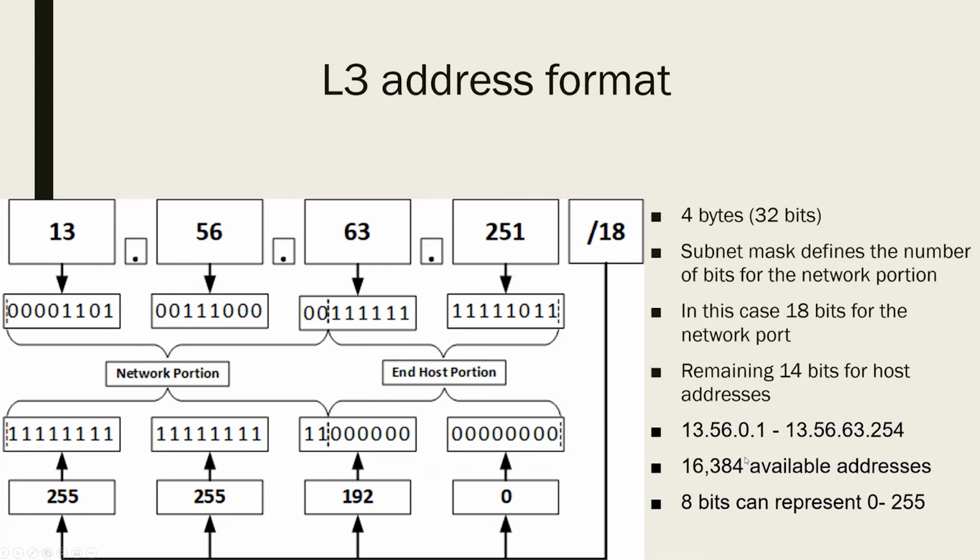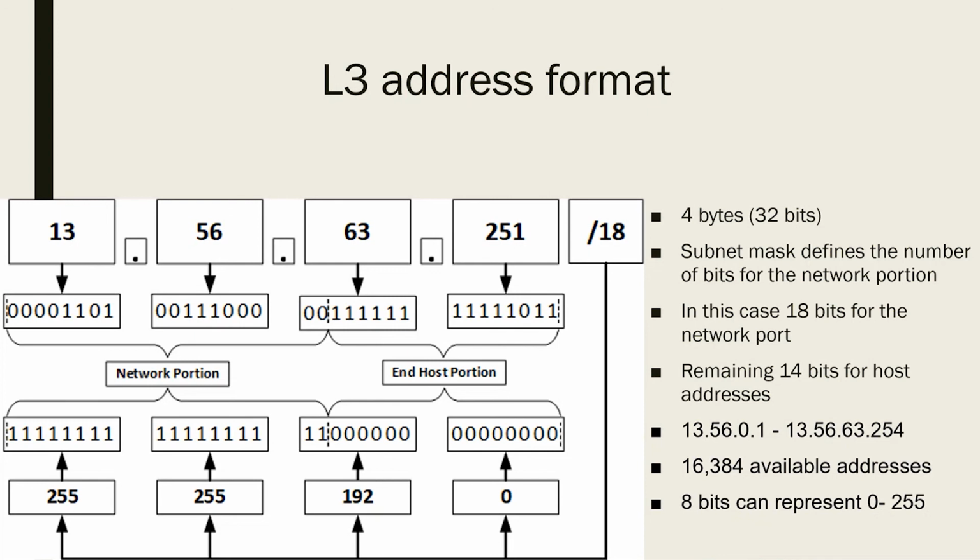I don't know that off the top of my head, by the way. There are things called subnet calculators on the internet that can give you this information. But effectively, from these 14 bits, you can represent 16,000 odd different values, and each value can be assigned to a specific end host, meaning that you can have within that subnet 16 odd thousand end host IP addresses.